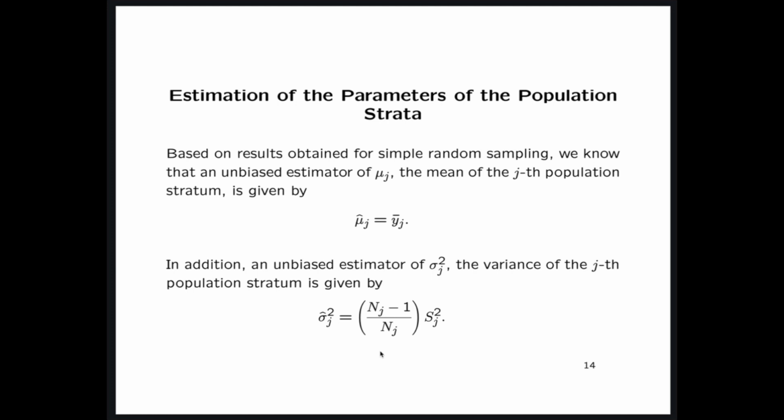We have a simple random sample from this stratum, and we can think of this particular stratum as a population in and of itself. And so the estimates for the mean and the variance of that stratum follow directly from the results that we obtained in the previous module on simple random sampling.